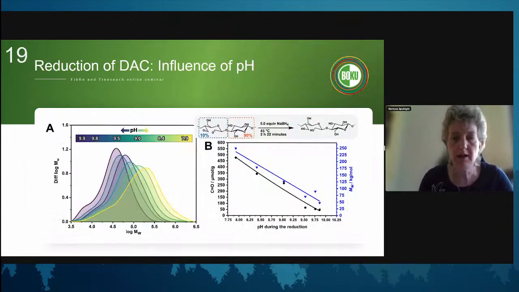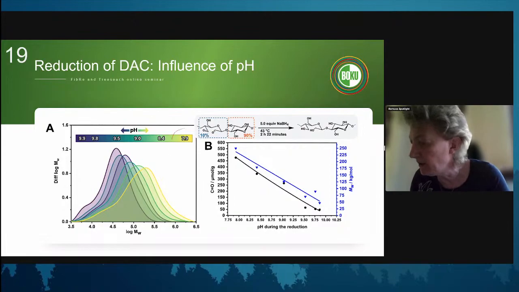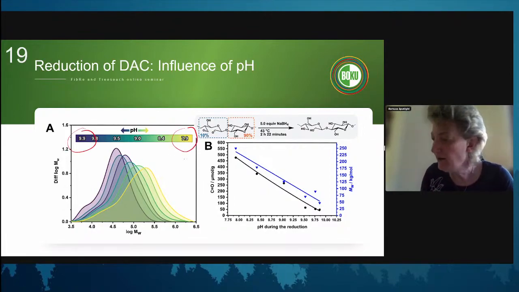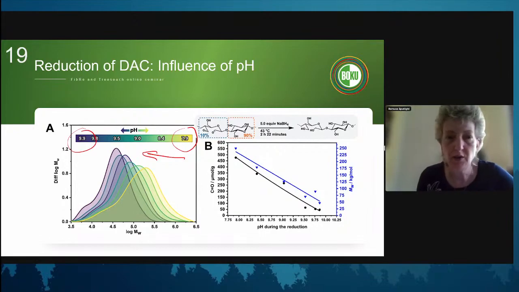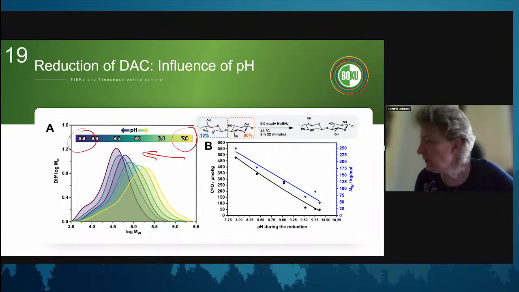We can also look at the molar mass distribution here and the dependency on the pH. We see that here, this is a little bit more acidic, more alkaline, and we have this shift over here towards lower molar mass distributions. So not stable. What can we do?